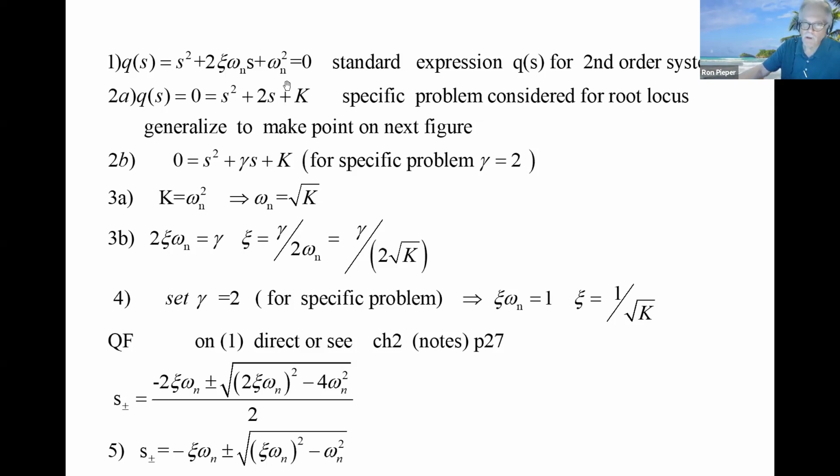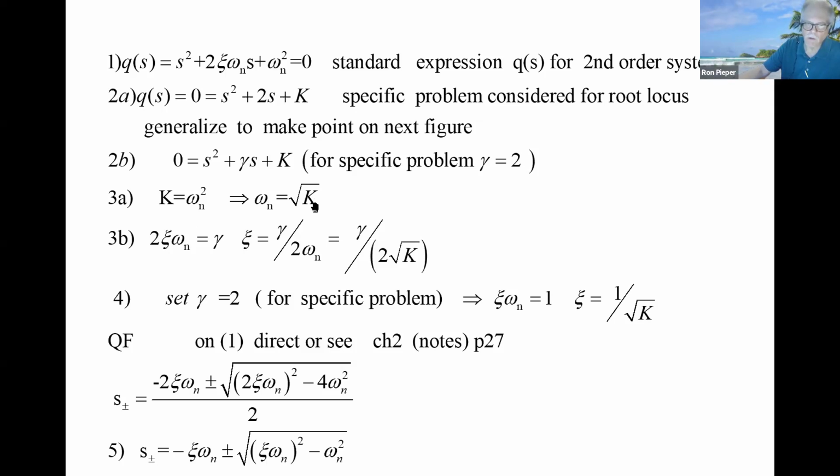We can make the root locus constant equal to omega n squared for consistency of these two forms, which is usually done. That gives us a direct square root relation between the natural frequency and the root locus constant.